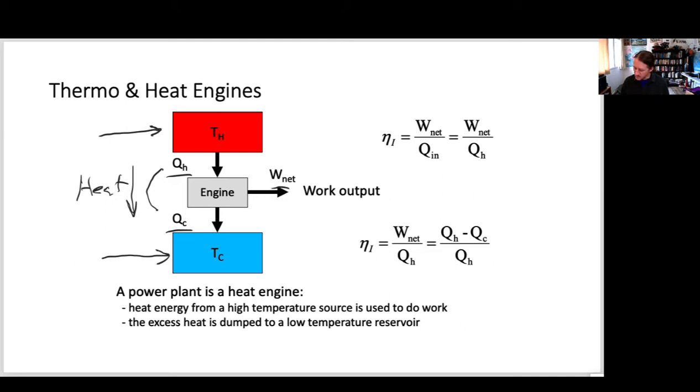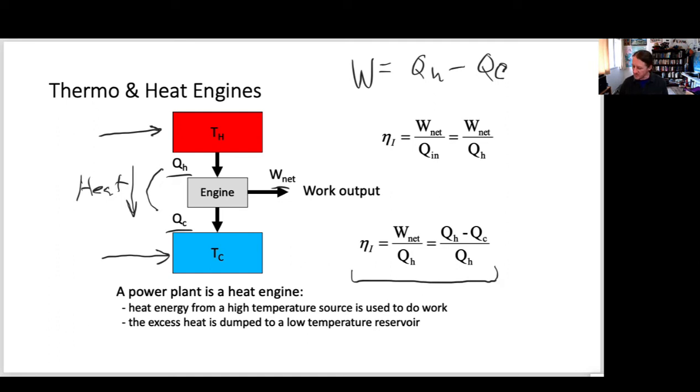Notice that the work is going to have to equal QH minus QC because of the first law of thermodynamics. We need to be able to draw an energy balance around that heat engine. So we know work is equal to QH minus QC. So that's how we can write this alternative form of the efficiency equation.